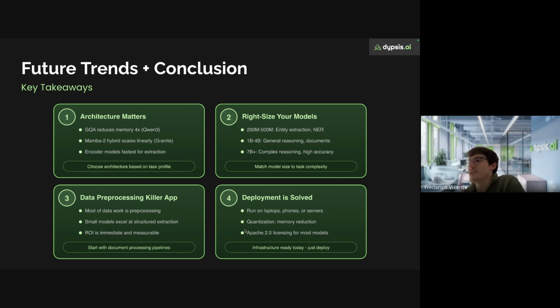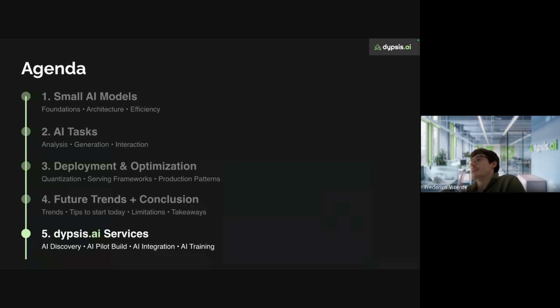And regarding deployment, this is a bit of a catchy phrase, but nowadays these small models can really run on some laptops. As I was saying, in the future this will be even more real. These language models will start running on more modest devices, and I guess that's the future.